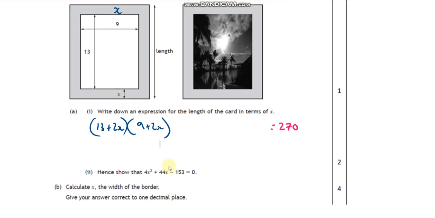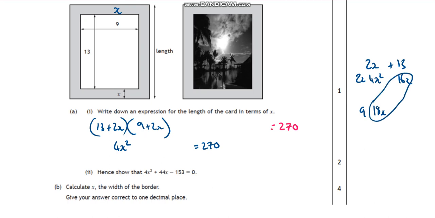So let's have a look. 2x, I'll write it 2x and 13, is the way I like to write it. And 2x and 9. So 4x squared, that's looking good. Right, so I've got 4x squared, nice one. Again, equals 270. And that's going to be 26x, 18x, so let's have a count of those x's then.